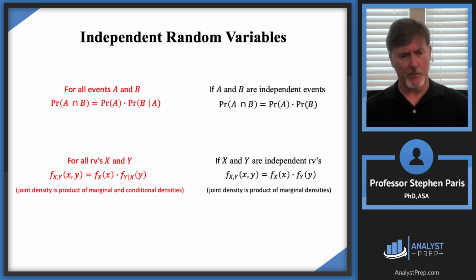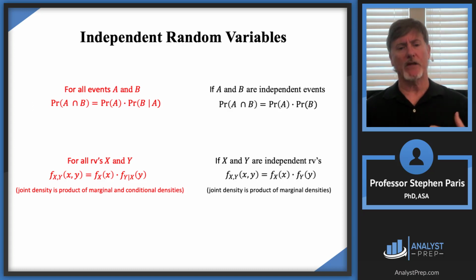So on the top left in red, for all events, the probability of A and B is the probability of A times the conditional probability of B given A. And for all random variables below that, the joint density function is the product of the marginal density function times the conditional density function. I hope you can see the analogy there.